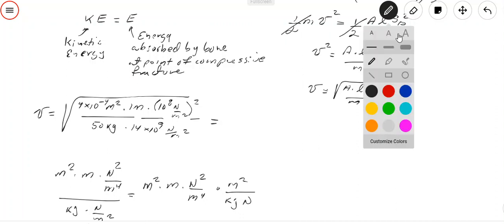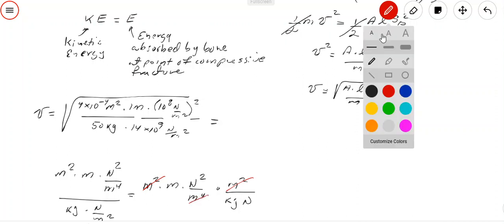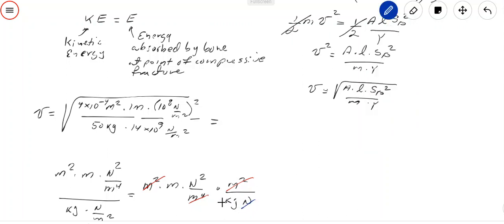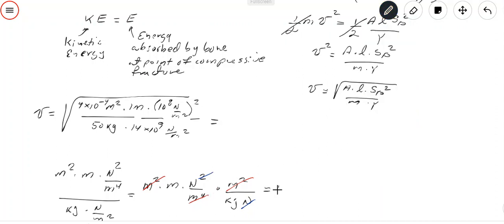So now we're going to simplify. Meter squared times meter squared would be meter to the fourth, so it can be canceled with this meter to the fourth below. Now we're going to cancel out these newtons with one of the newtons I have over here. So what I have is meter times newton over kilogram.